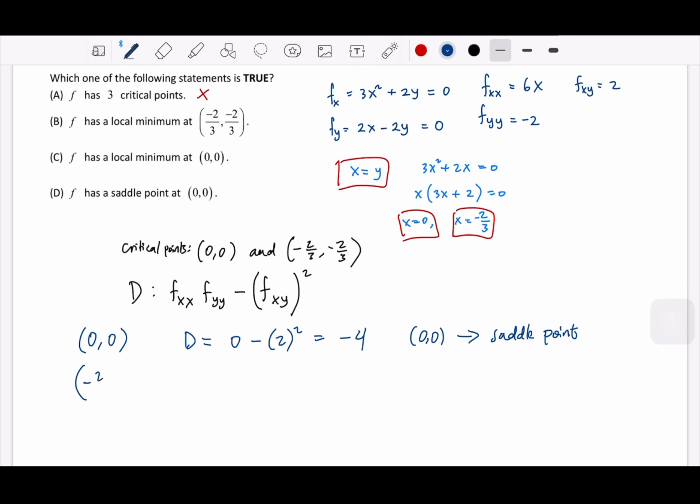And for negative 2 over 3, negative 2 over 3, we check the D. This is negative 4, negative 2, and then negative 2 squared.